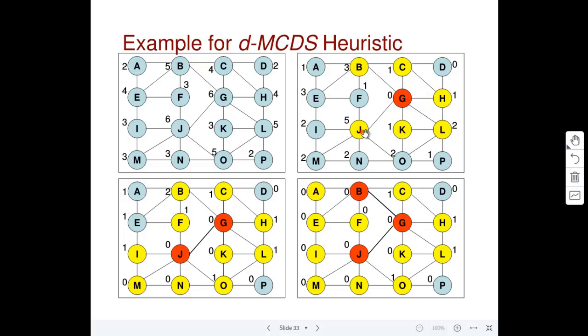So that's what we target each iteration, the covered vertex with the largest number of uncovered neighbors. So in this case, that's J. There are 5 uncovered neighbors. So now picking J to be part of the MCDS will cover all its 5 neighbors. So we have to redo the numbers for the number of uncovered neighbors, and again we find B to be the next vertex and so on.